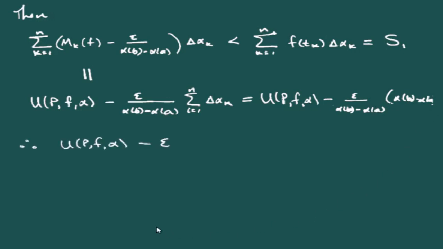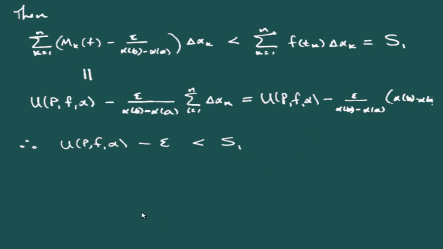Those will cancel out. For our upper inequality, that's just our particular Riemann Stieltjes sum that we'll call S sub 1. And so we end up with an inequality that our upper Riemann Stieltjes sum with respect to P minus epsilon is going to be less than this particular Riemann Stieltjes sum S sub 1.